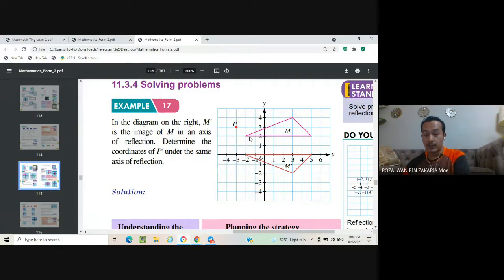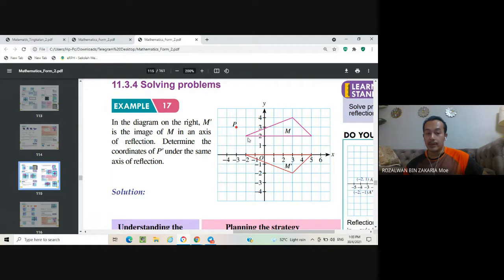So how to find the axis of reflection? That means the distance there we have to divide by 2, because the axis of reflection is situated at the half of the distance between the object and the image. So 2 divided by 2, you will get 1.